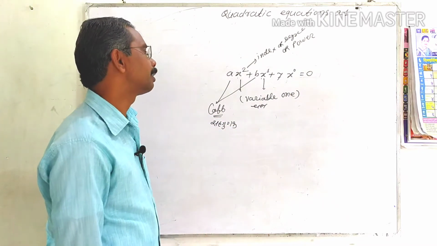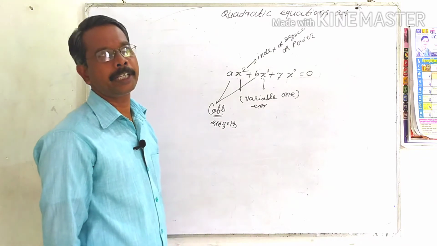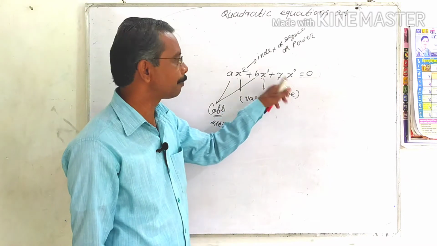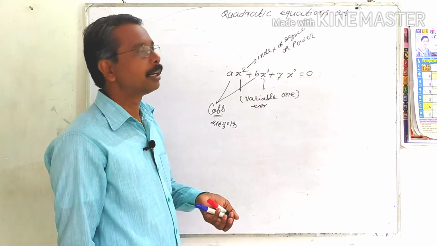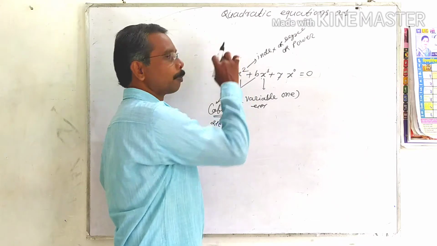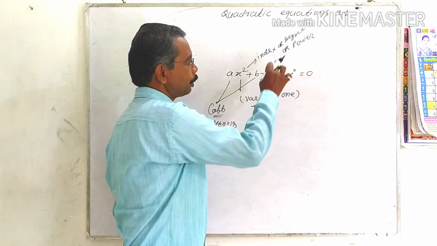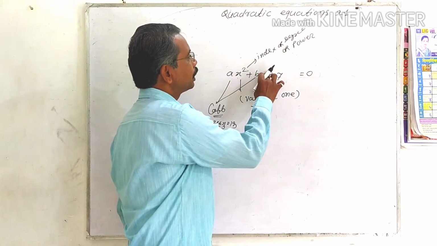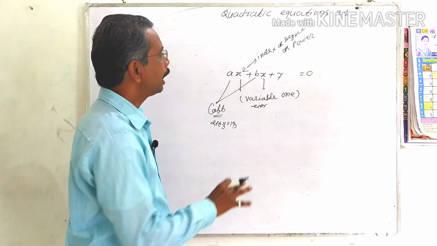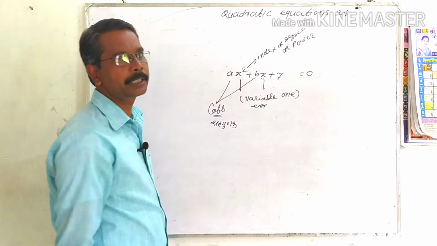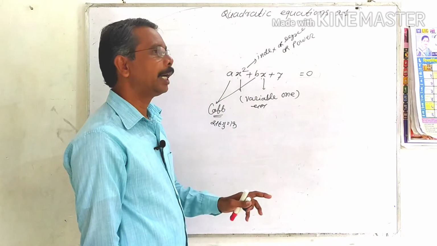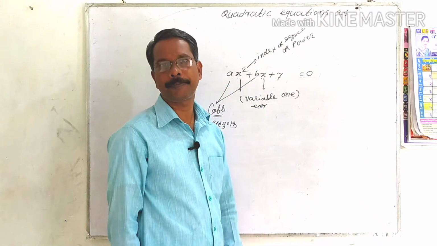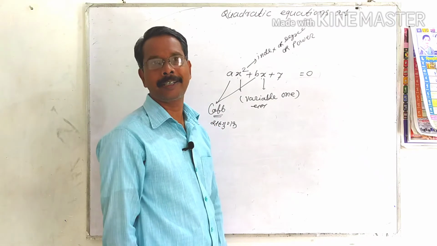Then we can say that in this equation there is only one variable, that is x, and the maximum index is 2. Here is index 0, so no need of writing it. Here is index 1, no need of writing it, and here is index 2, means maximum index 2 and there is only one variable, then that is called quadratic equation. Okay, understand?